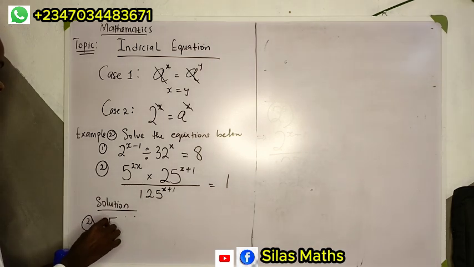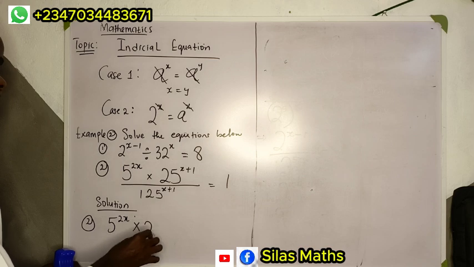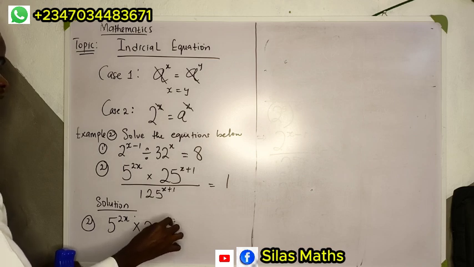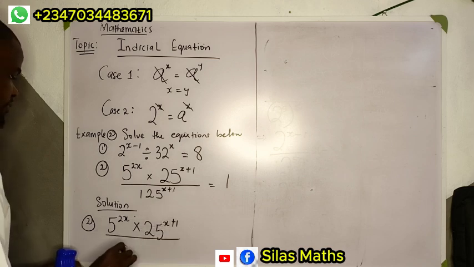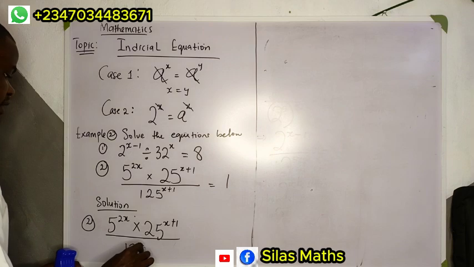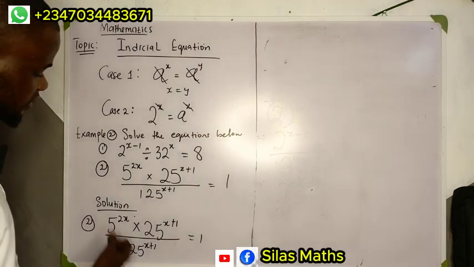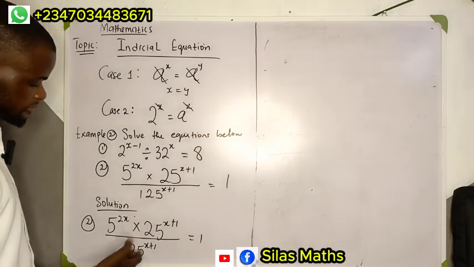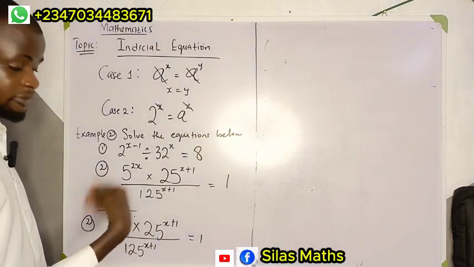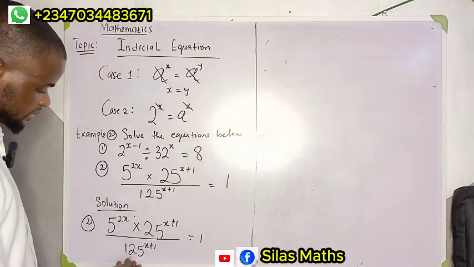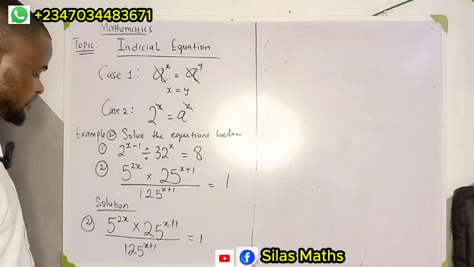We have 5 raised to power 2x times 25 raised to power x plus 1, all divided by 125 to the power x plus 1, equal to 1. So let's go ahead. All these are multiples of 5. We can actually express 25 in form of 5 times 5, then 125 as 5 raised to power 3.